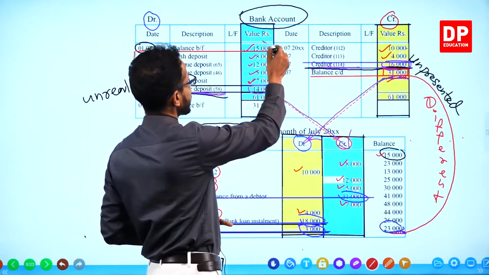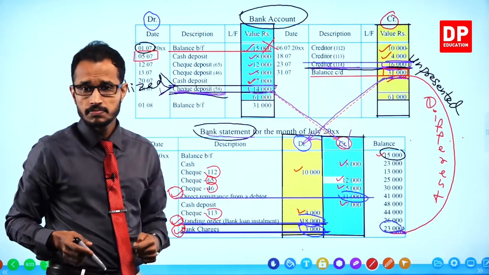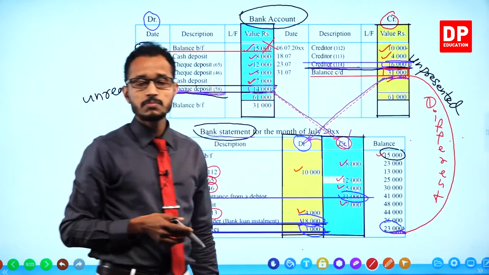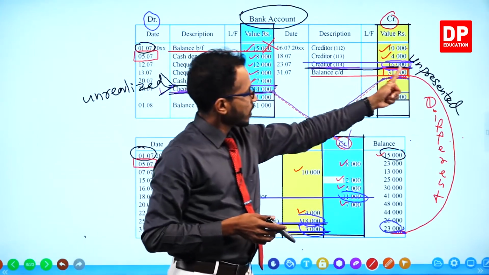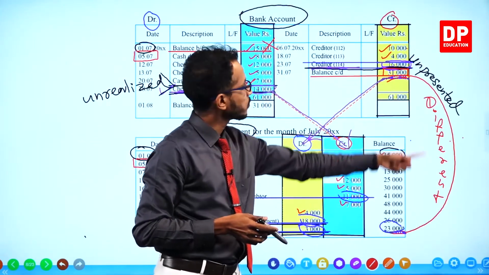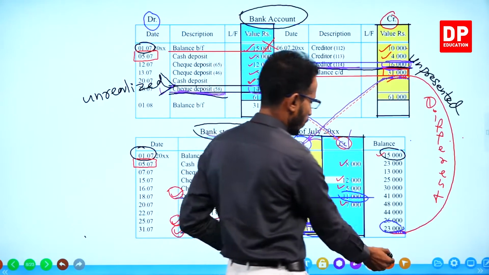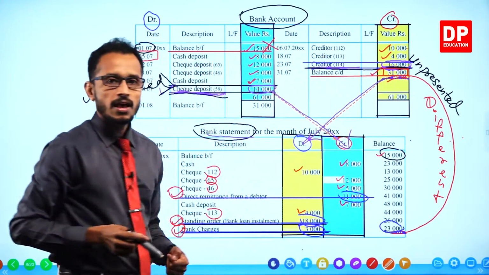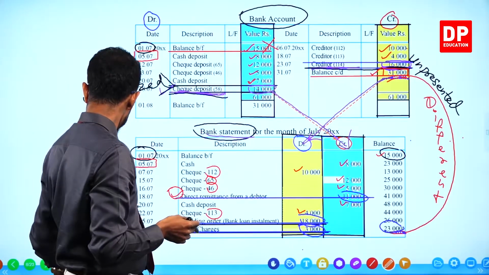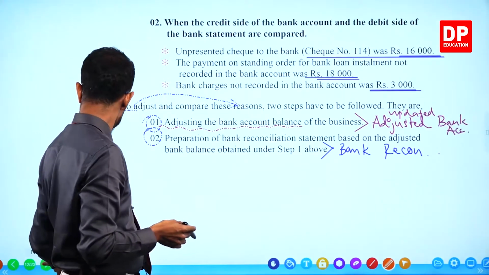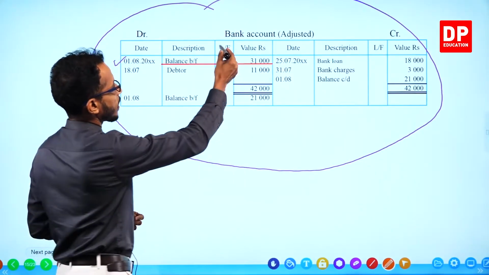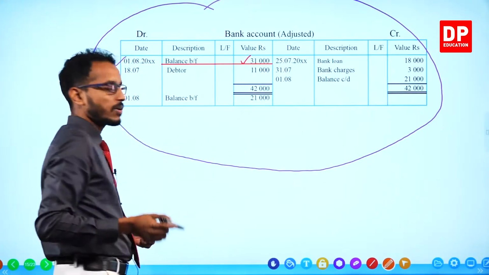Don't take this. This is the opening balance. It's not relevant to us. We are talking about the closing balance, and that is what we should adjust. So we take this balance, all right, children, that is the balance that we have taken here to our adjusted bank account, 31,000.